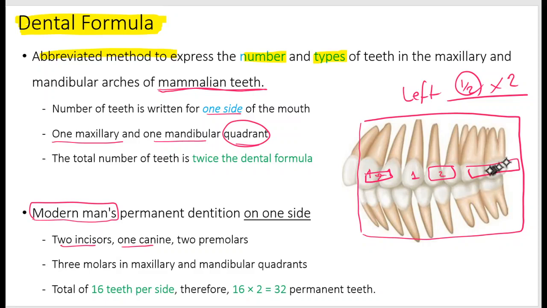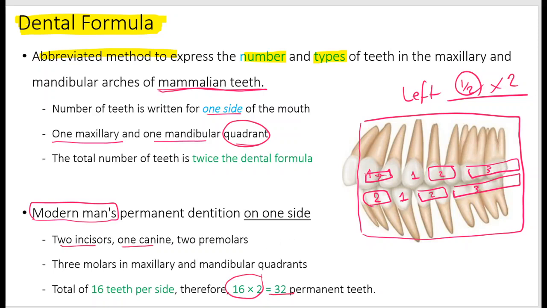I don't have a third molar here, but I have also 2 here, 1, and then another 2, and then another 3. And technically that's how we write it. So if you add these up, it will be 16, and then you multiply it by 2, and you get 32. So let's see how we actually write this down.